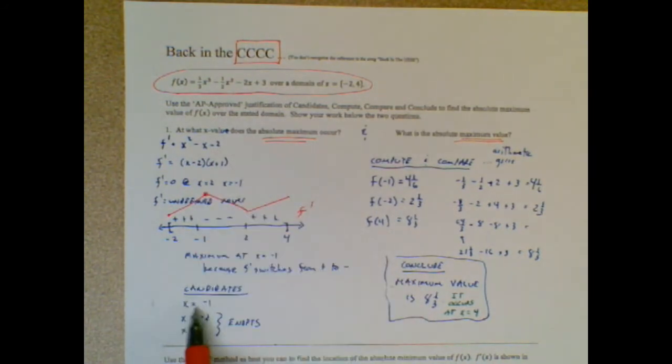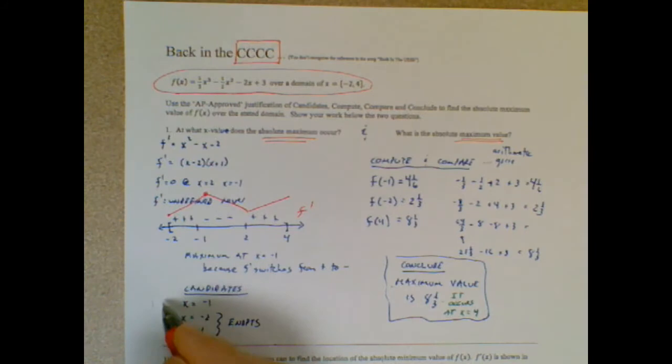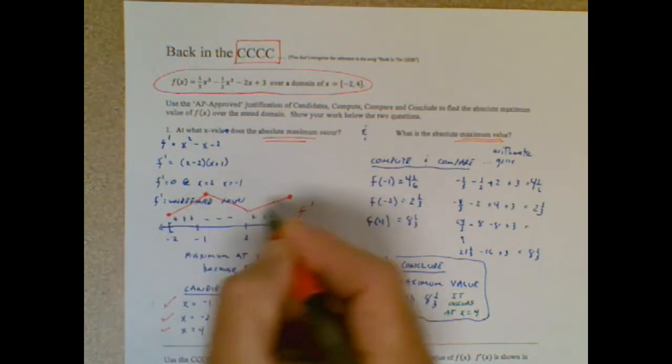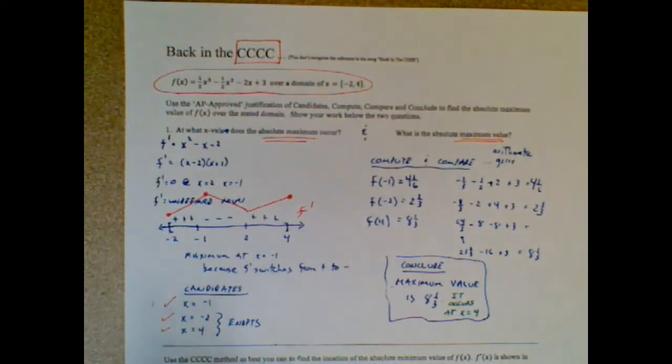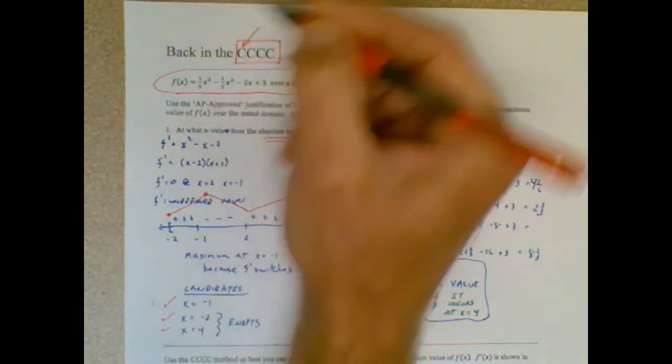So x equals -1 is a candidate to be the highest spot on the graph. That's why that's there. Now these two are both there because the AP wants you to include the endpoints. Whether or not the endpoints are going to be a maximum or minimum, they don't care. They want you to include them, so always include the endpoints. So we have now done the first C, the candidates.